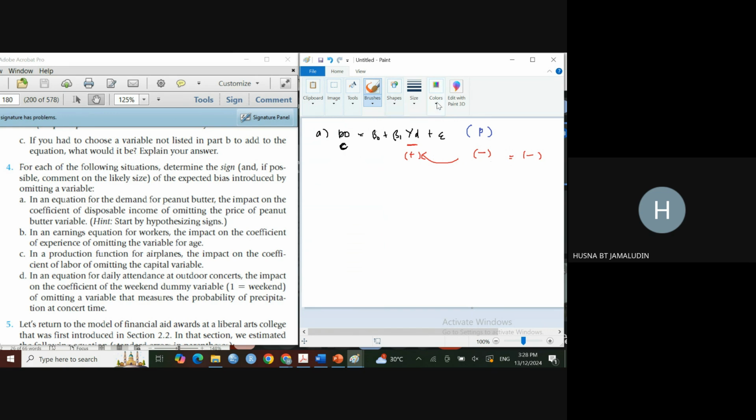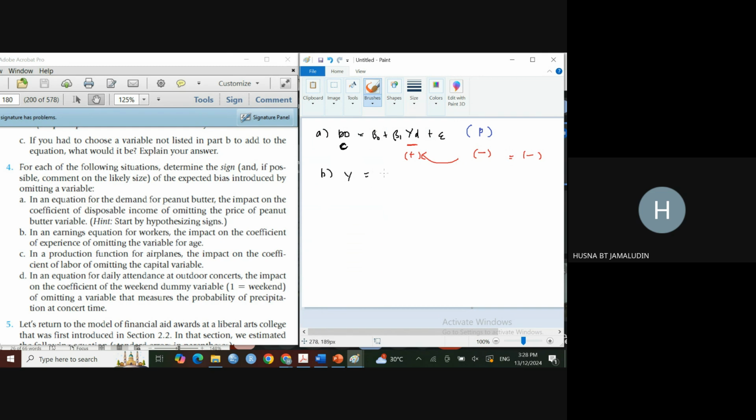Okay, so how about B? In an earning equation of workers, you are talking about earnings, the impact on the coefficient of experience of omitting the variable for age. So maybe I will put Y referring to income or earning. I will just keep beta naught and the error term and put the variables.